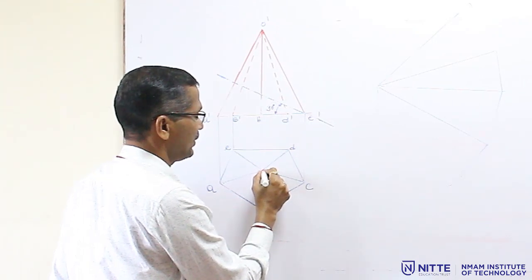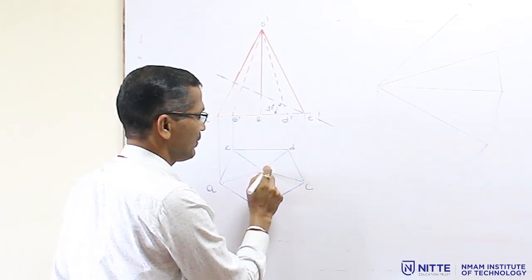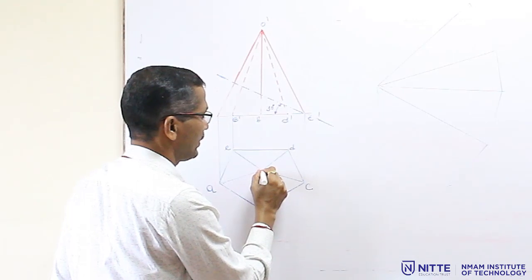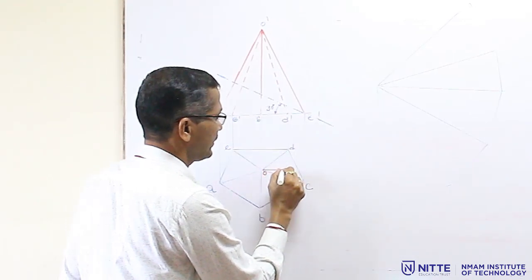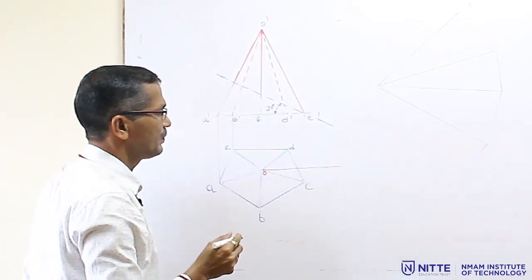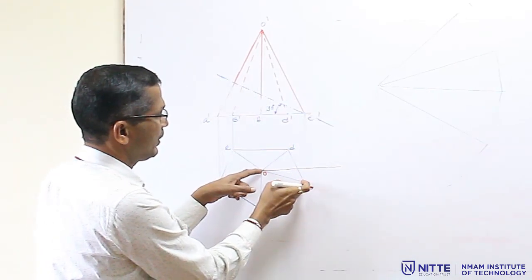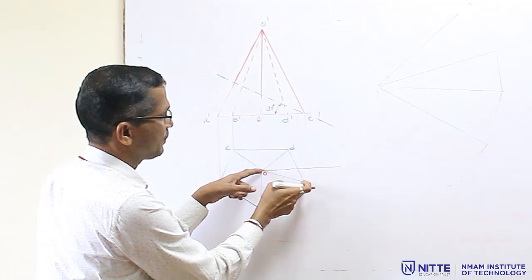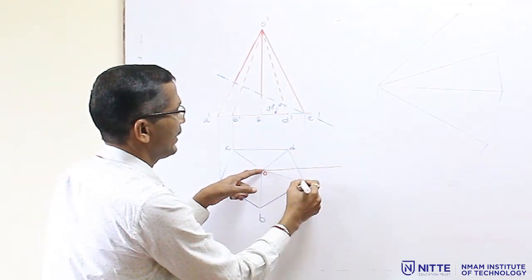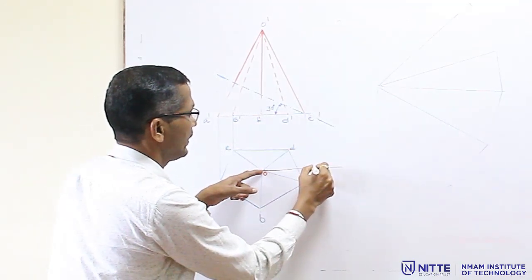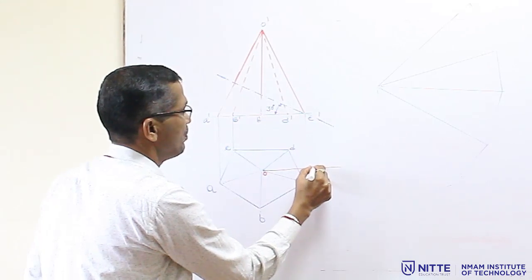For that, this is the procedure. Take any one of the slant edges and rotate it to the horizontal. Draw a light horizontal line from O. Then take the compass, take the length O to C, and draw an arc like this. It will meet here.